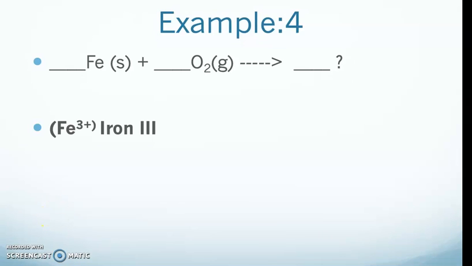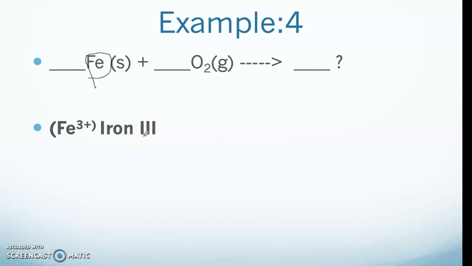As far as this example here, this one doesn't have a group 1A, 2A, or 3A metal. It actually has a transition metal right here, iron. Iron works the same as a 1A, 2A, 3A. Now, remember, iron is a transition metal because it has more than one charge. Iron also has another charge called iron 2.